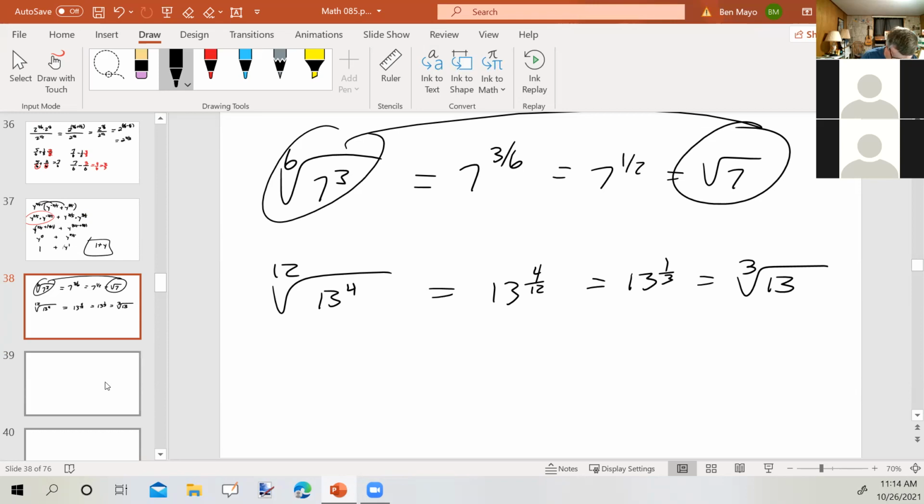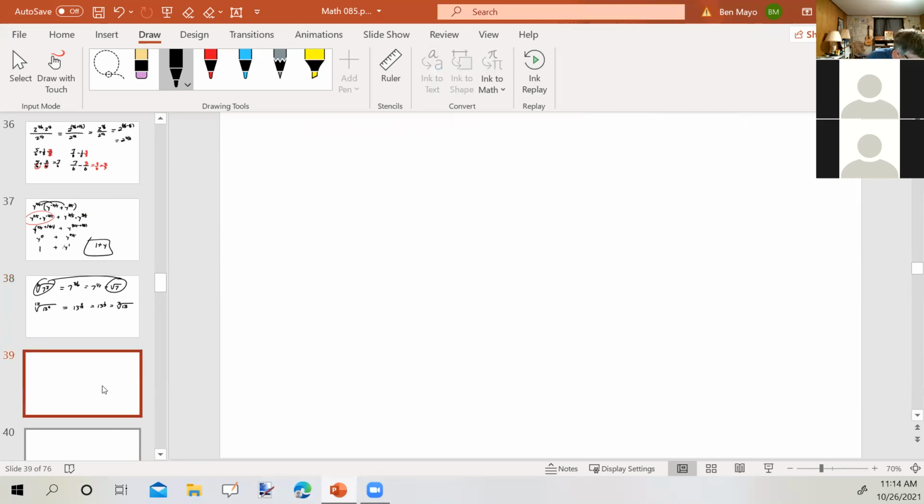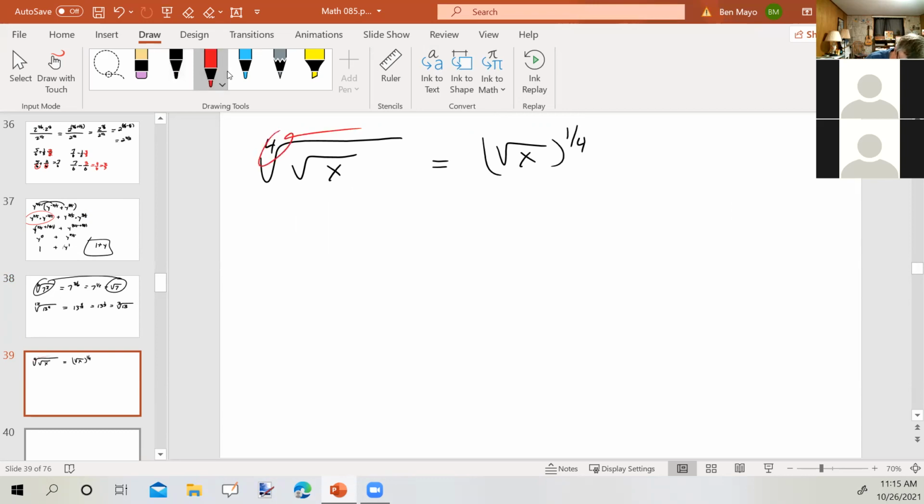Okay, now how about this one? I've got the 4th root of the square root of x. Now I can simplify, and we'll start with the outside. So I've got the square root of x to the 1/4 power, right? This becomes that.